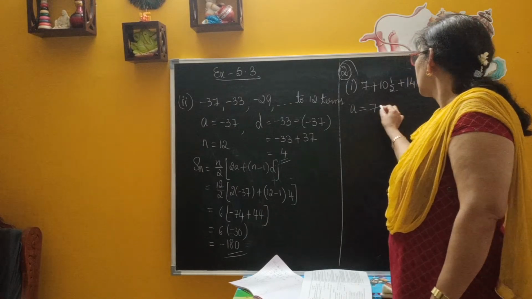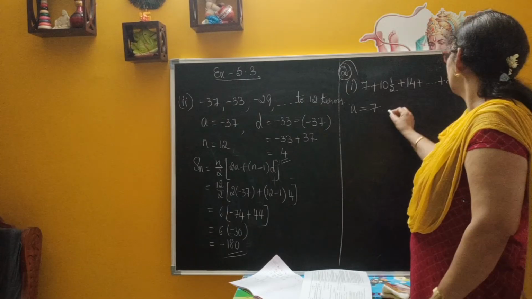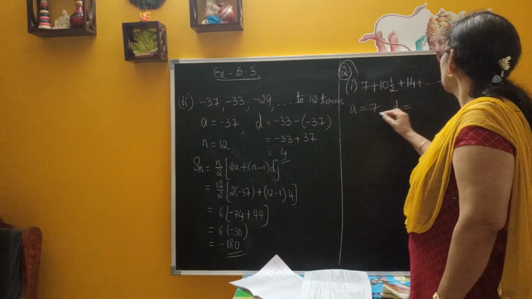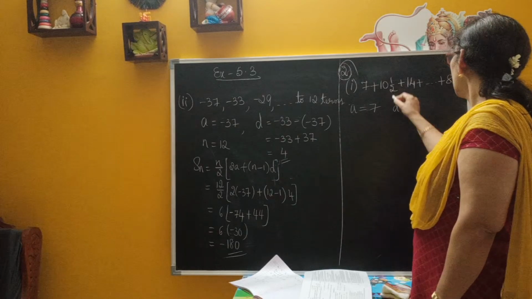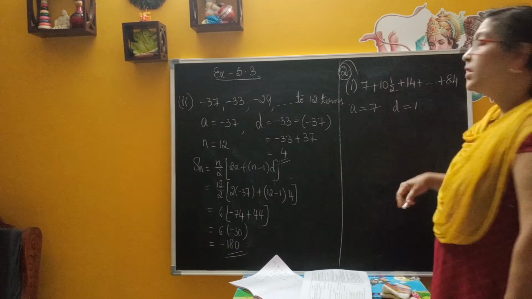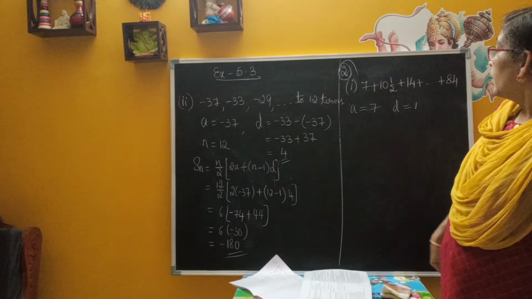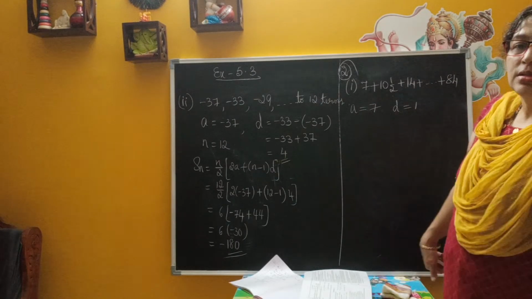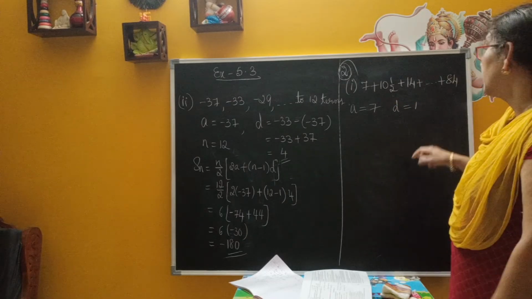So yes, first what is A? A is equal to 7. Then D is equal to, it is 10 and half minus 7. What do we get? 10 and half is just orally also you can do. How much we get? 10 and half minus 7. 10 minus 7 is 3. Again half is there. 10 and half in that 3 and half.